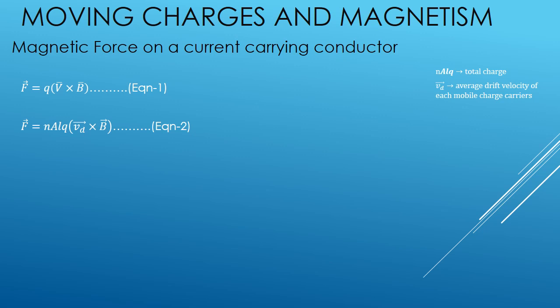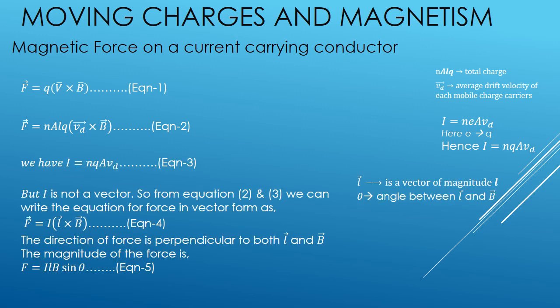Now, for a current carrying conductor, the current I is equal to neAvd. This equation also you will study in the current electricity chapter. In this equation, I is the amount of current in the conductor, n is the number density, e is the charge of an electron, A is the area of cross section of the conductor, and vd is the drift velocity.